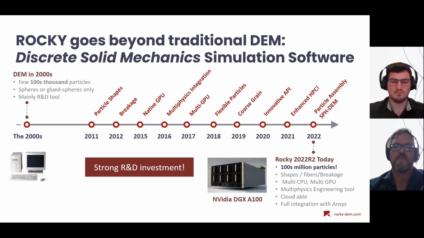Then in 2020, there was a lot of work done on the API interface so that you can do some manipulations to particle properties, the solver, etc. In 2021, we had an enhanced HPC, where we saw a dramatic increase in solver efficiency. And then recently, the SPH DEM edition, which I will show a little bit later in a slide.